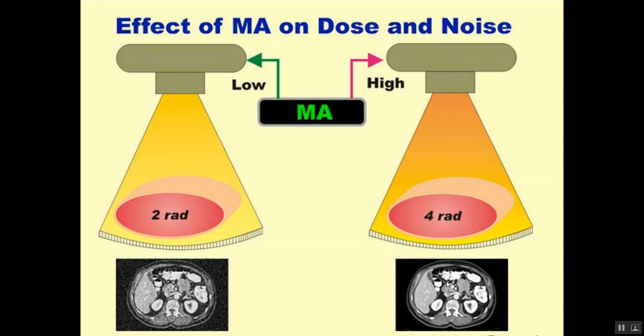If you want to scan any child, you have to reduce milliampere to a certain value. You have to review the protocols and guidelines of the machine itself, or guidelines of AAPM, the American Association of Physicists in Medicine. Find all protocols and review them before scanning any patient.